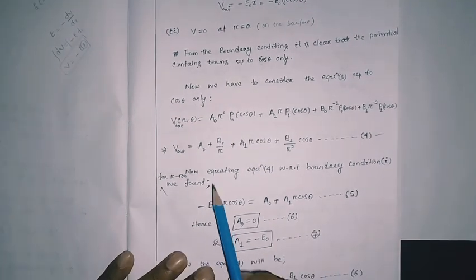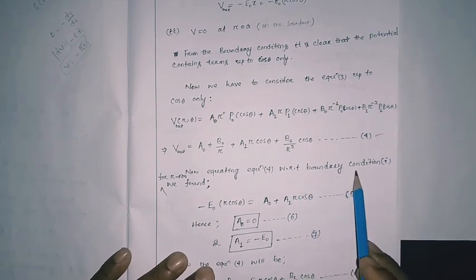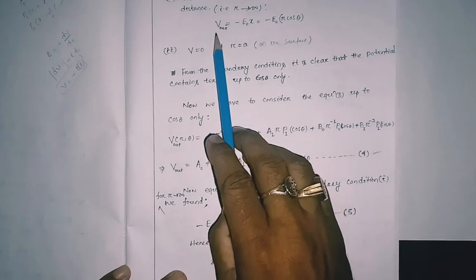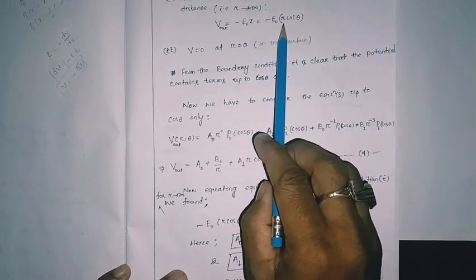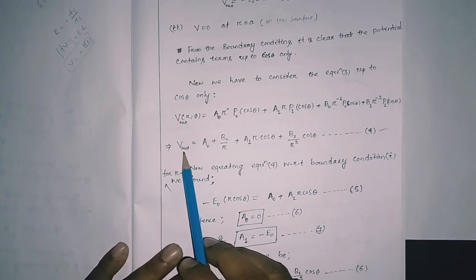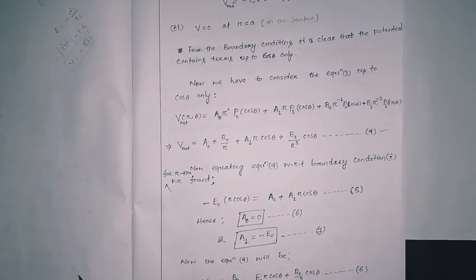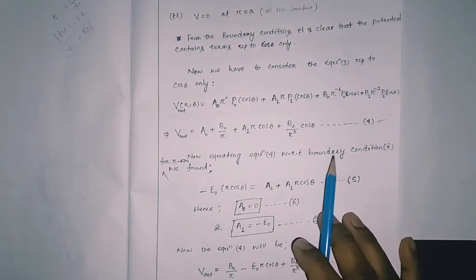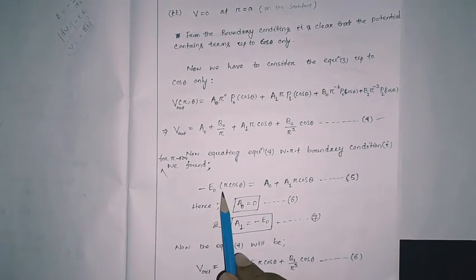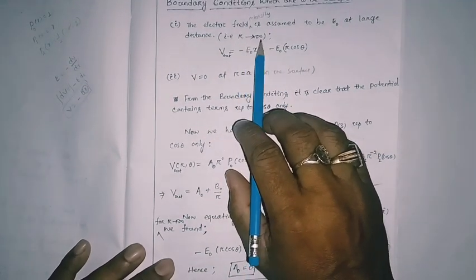Now we have to equate this equation number 4 with respect to the boundary conditions. First boundary condition: v out is minus e0 r cos theta. Here also v out equals this much. See here, this is for r tends to infinity.